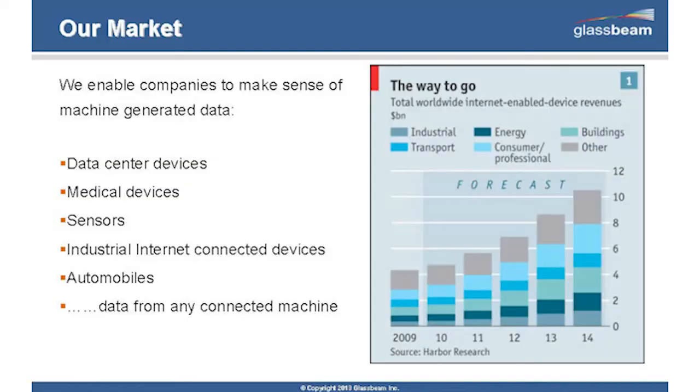So what do we do? What market do we focus on? We're primarily selling to businesses, and our value is in enabling these companies to make sense of semi-structured data that's generated from devices. When we talk about devices and machines, we're talking about data center devices such as storage boxes, wireless controllers, networking equipment.